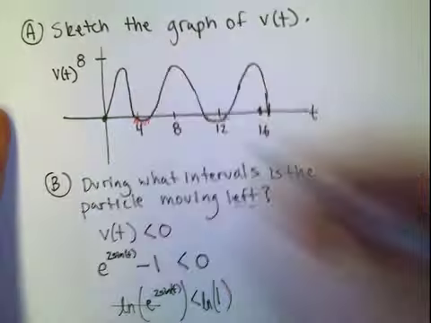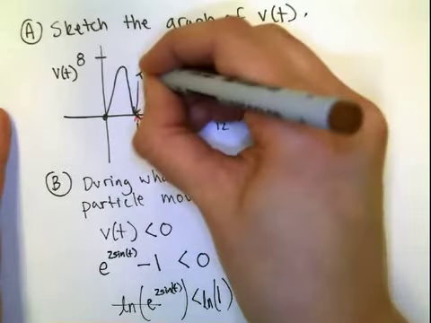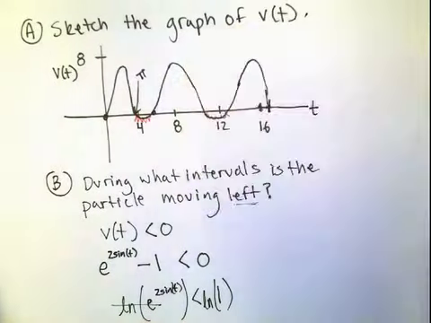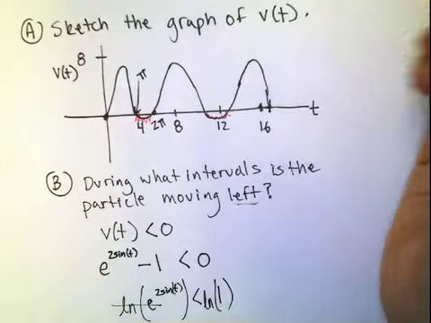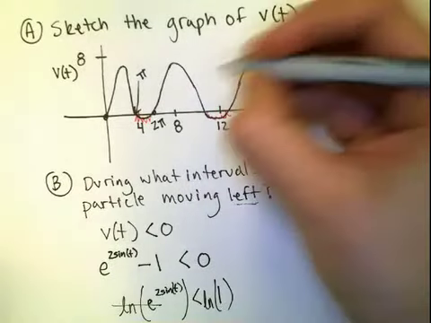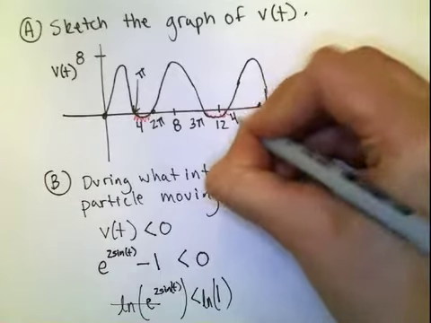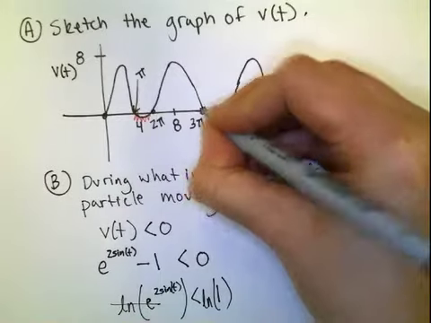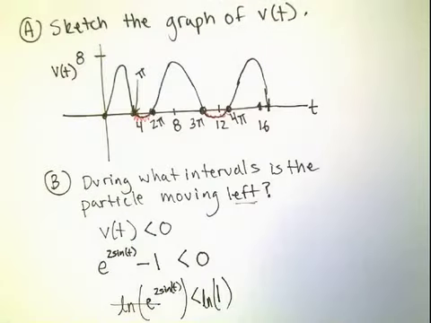When I look up here, pi is 3.14. So I'm going to guess that this first root is at pi, the next root is at 2 pi, the next one is at 3 pi, and the next one is at 4 pi. I'm going to guess that's where each of these points are.